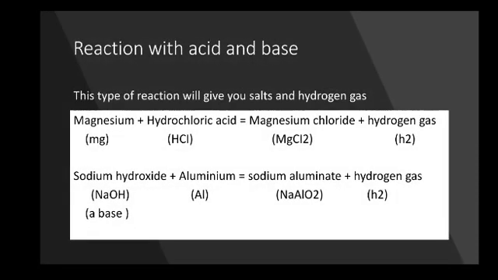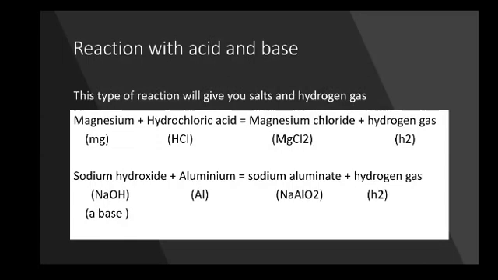Next is the reaction with acid and base. This type of reaction will give you a salt and hydrogen gas. Magnesium plus hydrochloric acid: Mg plus HCl gives magnesium chloride plus hydrogen gas, MgCl2 and H2, with the 2 as a subscript.